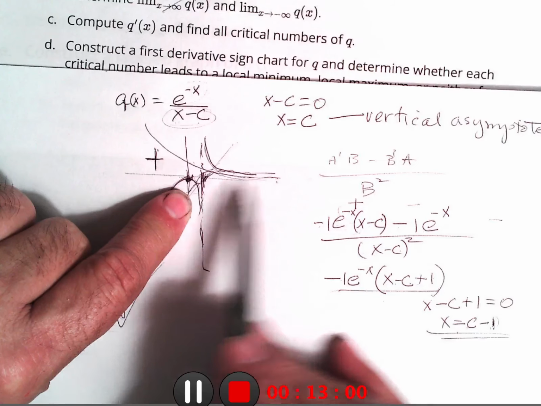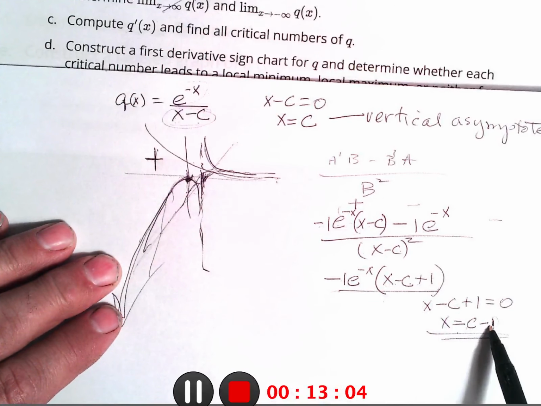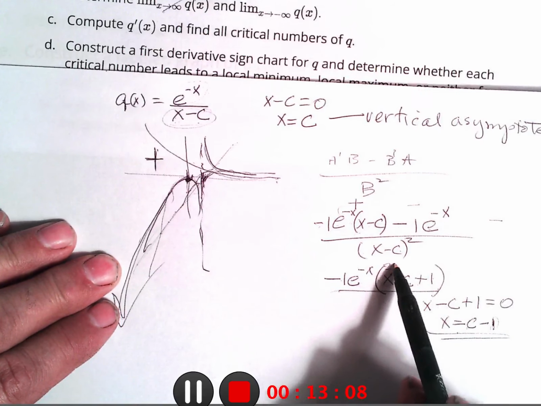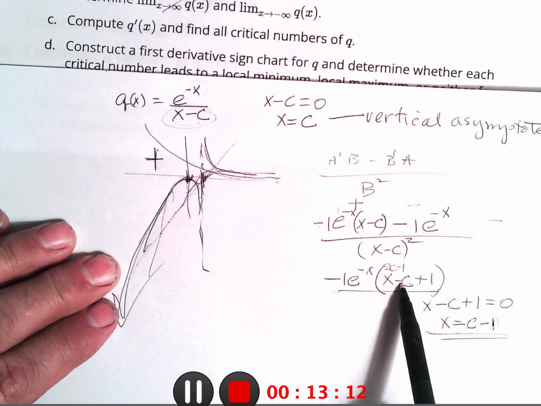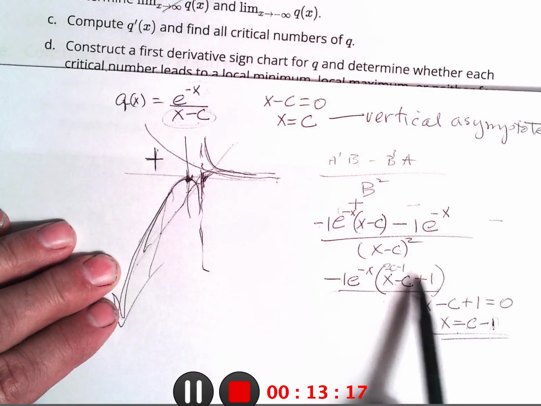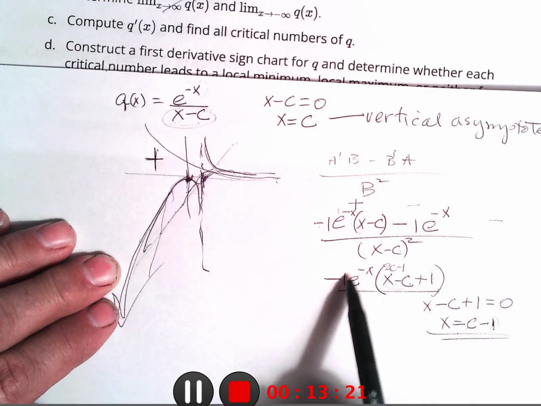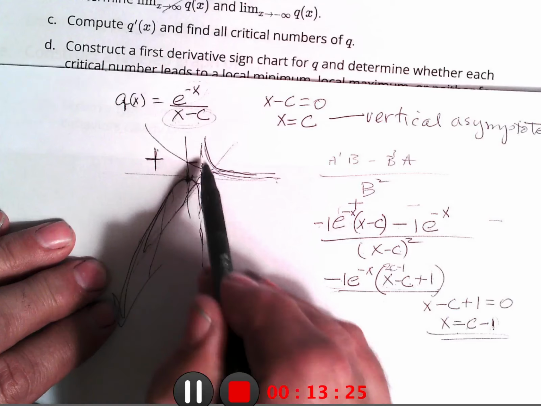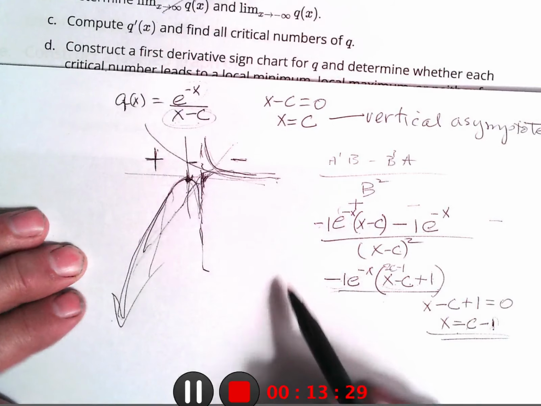And so if we do something bigger than c minus 1, like 2c minus 1 minus c plus 1, 2c minus c is 1c, and the minus 1 plus 1 are gone, so that's plus c, so that's positive, this is negative, and so all of this will be negative in here and negative out there. So negative slope and negative slope. That's the first derivative sign chart.